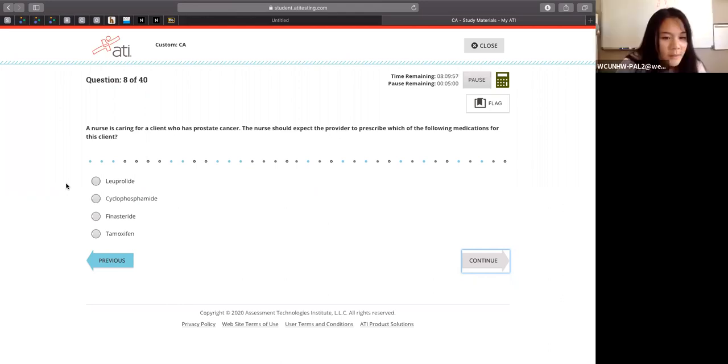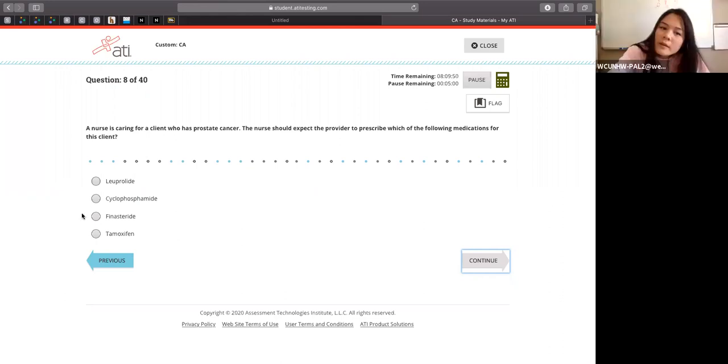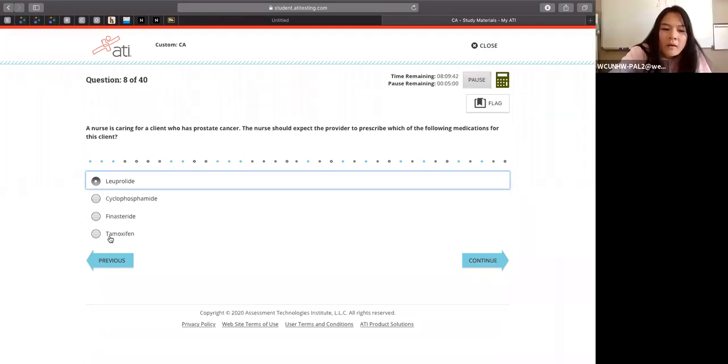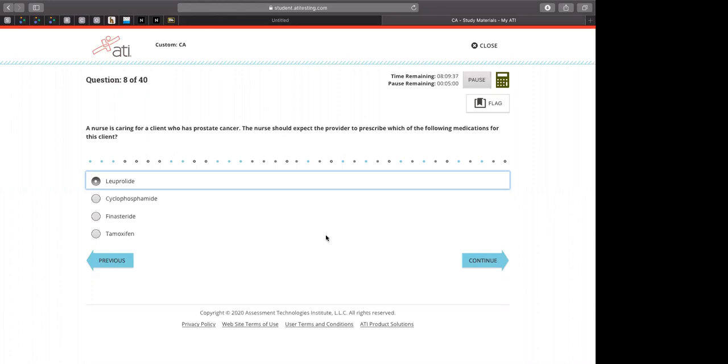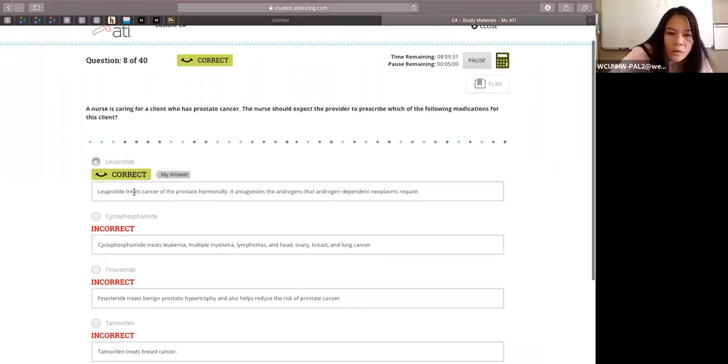Tamoxifen is D, D is for breast cancer. I'm not sure though, I think it's A. Yeah, it's breast cancer, so I think it's A. Leuprolide treats cancer of the prostate hormonally. There you go.